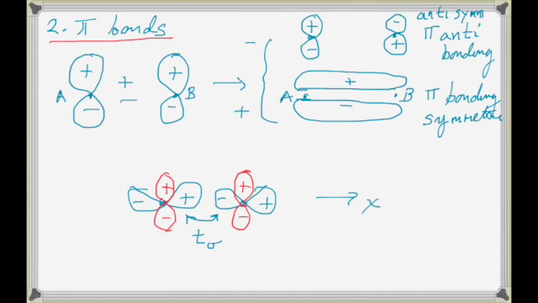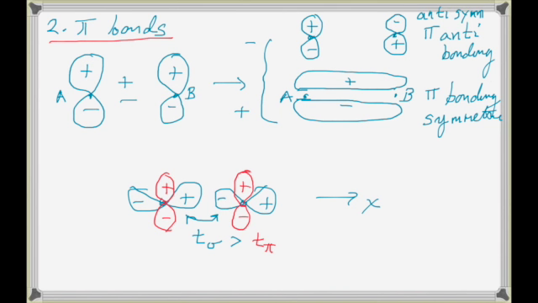It's going to be significantly greater than the matrix element that comes from the two red orbitals. I'll call that T pi, since that would be a pi bond. The two red orbitals would give you a pi bond. The two blue orbitals would give you a sigma bond, and that sigma bond is much greater than the pi bond.